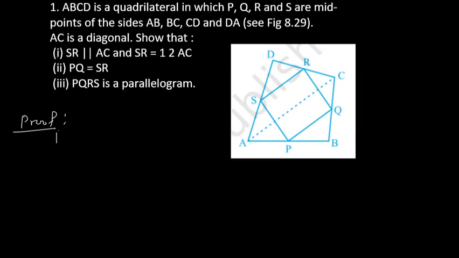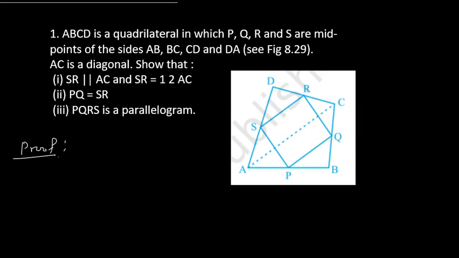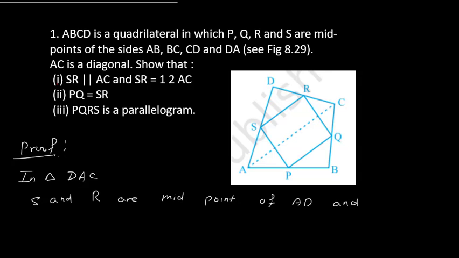Okay, so I have to prove that SR and AC are parallel. So I will take triangle DAC. I will say that in triangle DAC, S and R are midpoints of AD and DC.